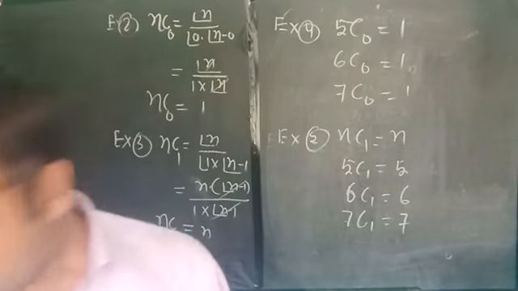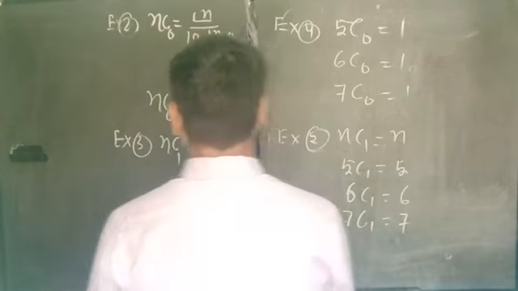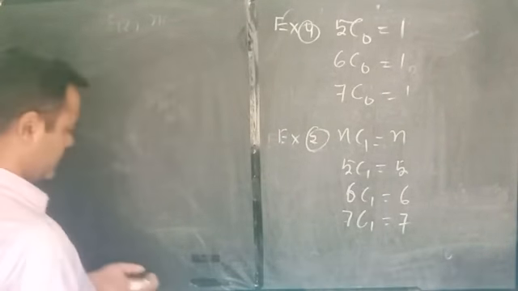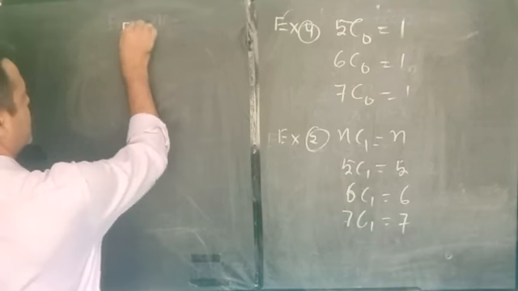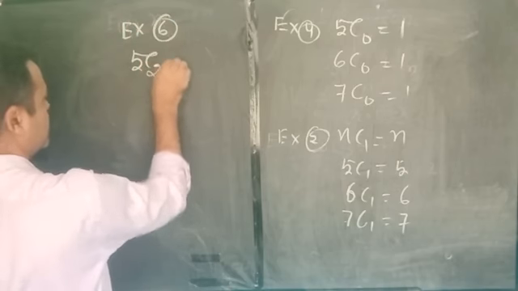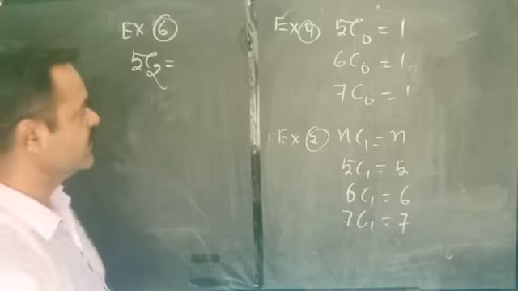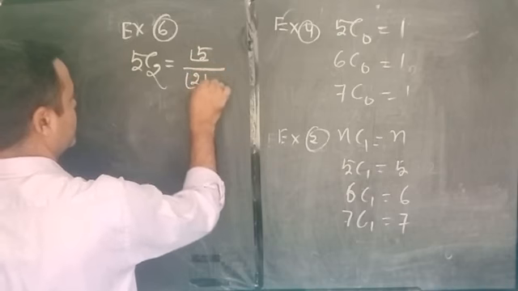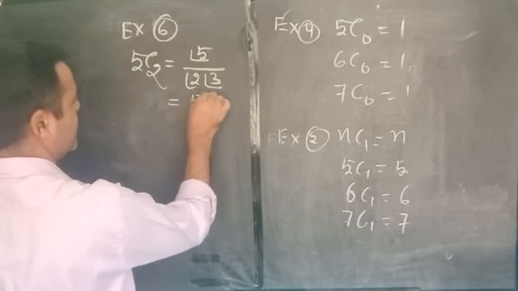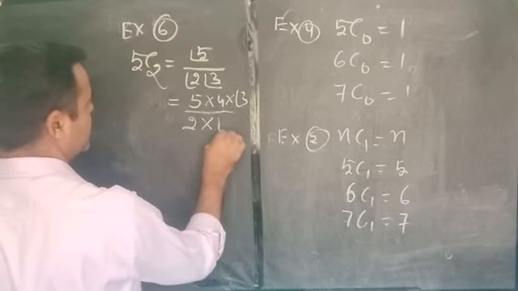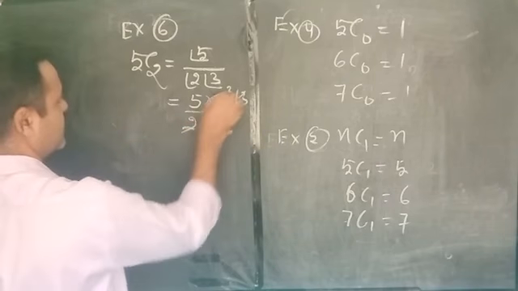Come to one more property. Suppose I ask you to find the value of 5C2. This is equal to factorial 5 upon factorial 2 into factorial 3, which is 5 into 4 into factorial 3 divided by 2 into factorial 3. Cancelling out, 2 into 4 gives 10.